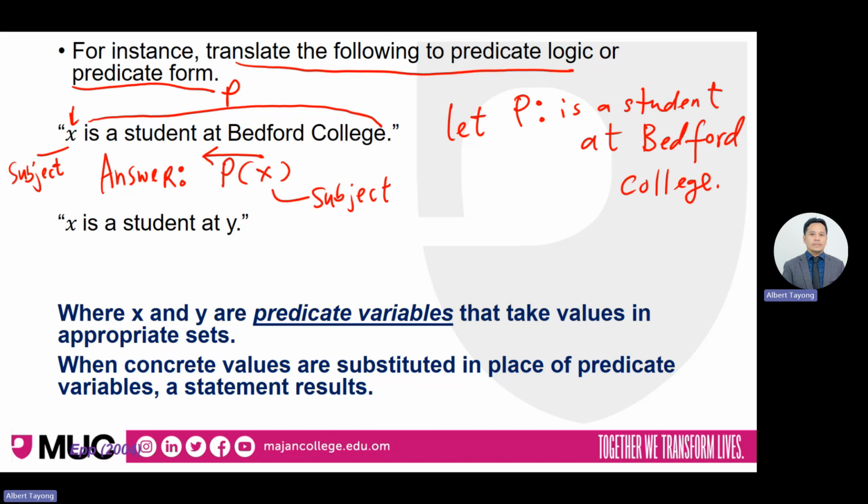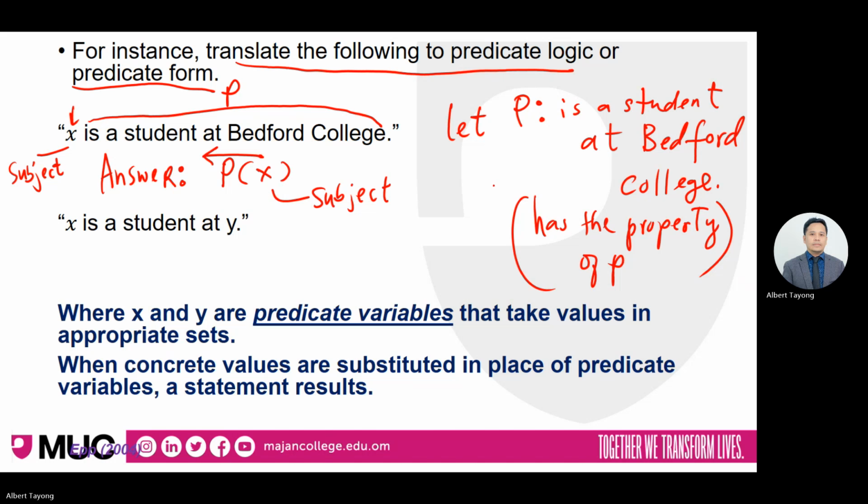So P will be outside. You read from right to left, like how you write in Arabic. So X, that's the subject, has the property of P. What is P? "Is a student at Bedford College." So it has the property of P. What is the property here? Is a student at Bedford College.